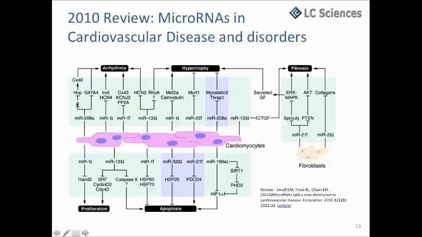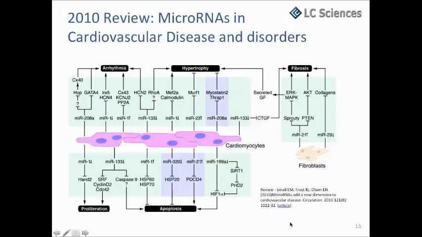You will also see some question marks here. These are in positions where there were initial reports linking a particular microRNA to a target, but either there was no conclusive evidence in follow-up papers, or there's still a need for additional validation.